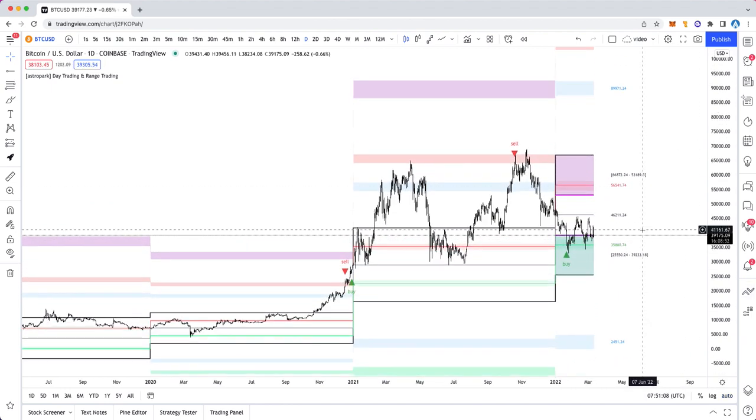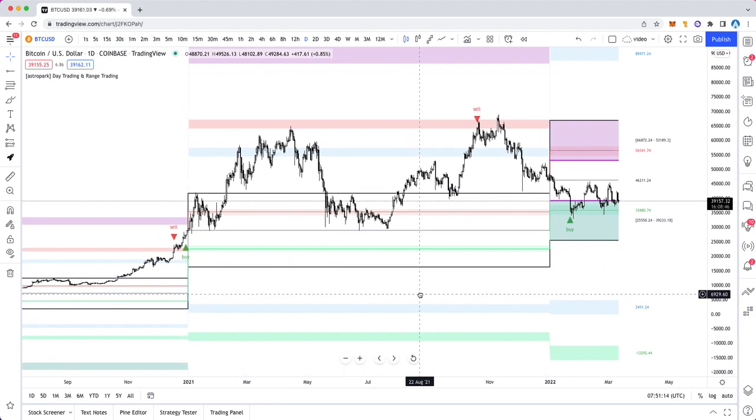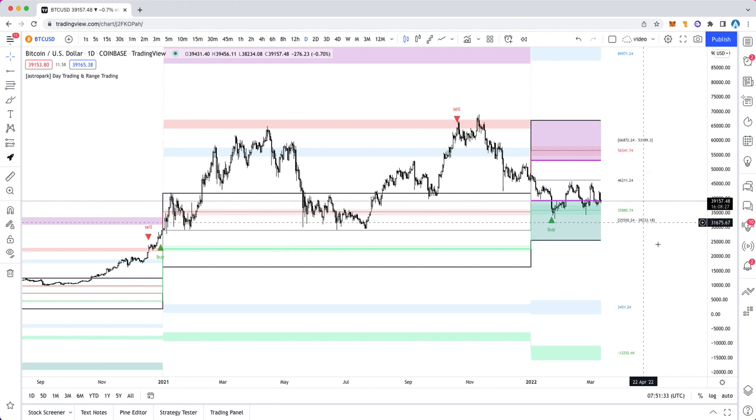Where is my range of resistance? So you see this was a resistance, this was the range, this was the middle range, the support. Now we are here, we had a lot of volatility, so this is expected to be a year of consolidation. Yes, you want to be a buyer for example here on Bitcoin.